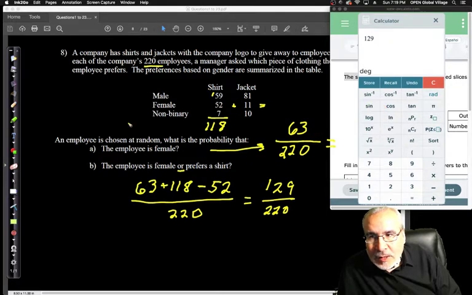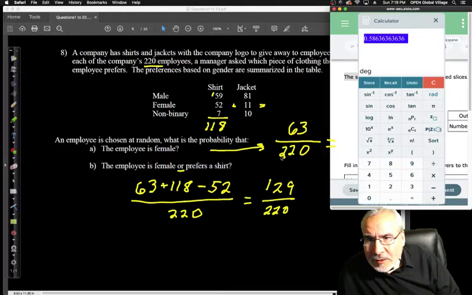And then if they want the answer as a decimal, we take the 129 and divide it by 220. If they need the decimal, well, they don't say how many decimal places to round it to, so I am assuming they probably don't want that.